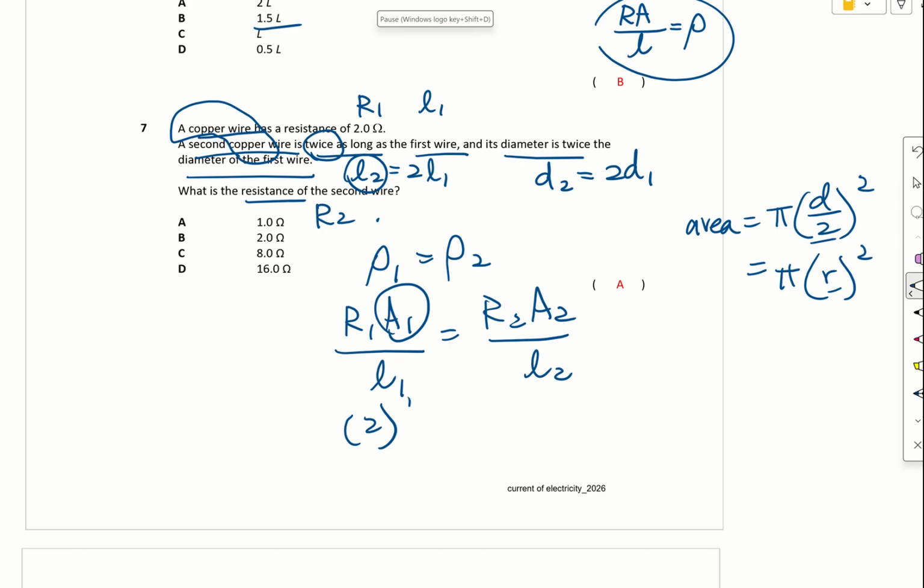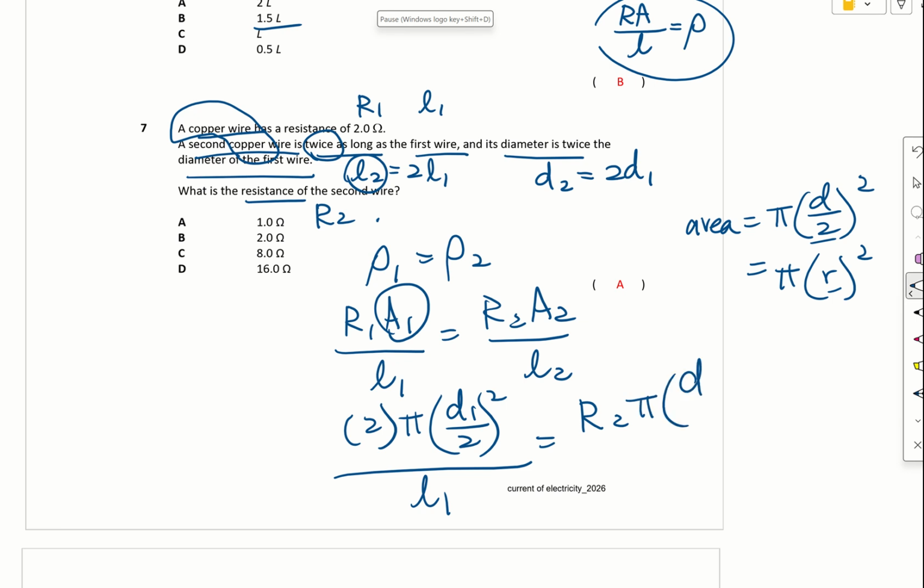Okay, so I can do my A1, which is, I need to put in my pi (D1 over 2) squared over length 1, it is L1. Okay, R2 is the unknown. A2 will be pi (D2 over 2) whole thing squared over L2.